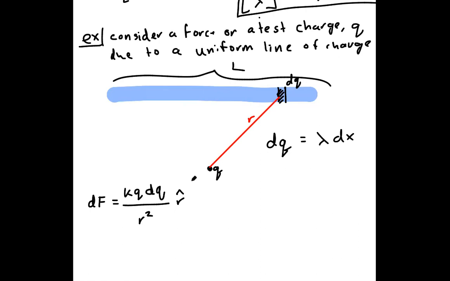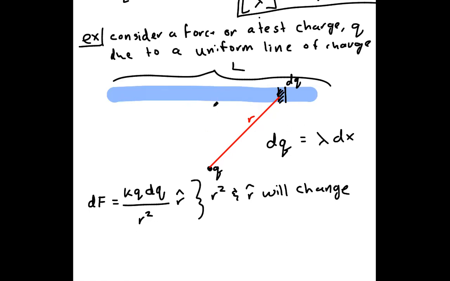Now, when we integrate this value over here, we know that r squared and r hat will change. So we need to write both of them in terms of the same variable. So first of all, let's focus on r. How can we write that?